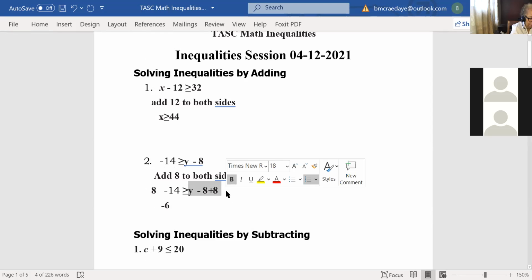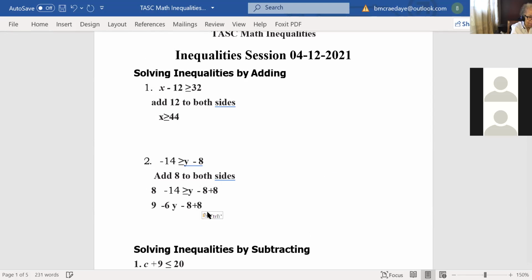What's a plus 8 and a minus 8? Is it minus 16? 0. 0.